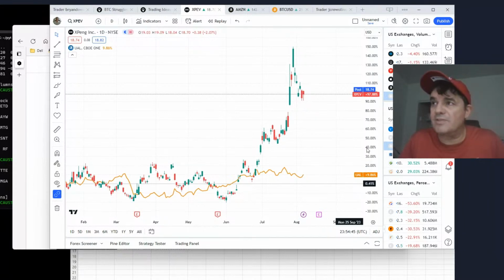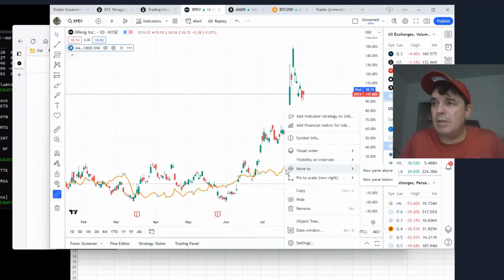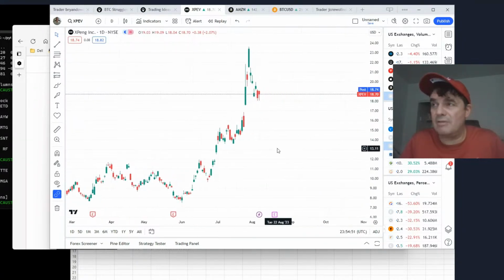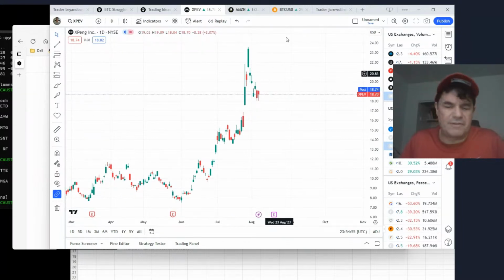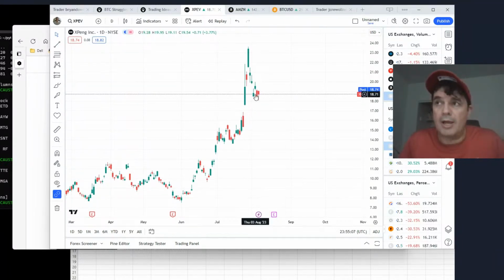I don't know if this is manipulated or not. Let me see if it's a penny stock. Yeah, it's not really. It's a mid cap. So right here is the critical juncture if it's going to rally back up. But because it's a daily time frame, it's kind of held its own pretty good.